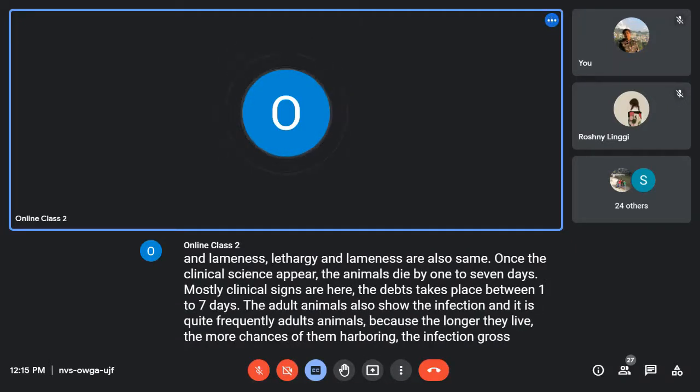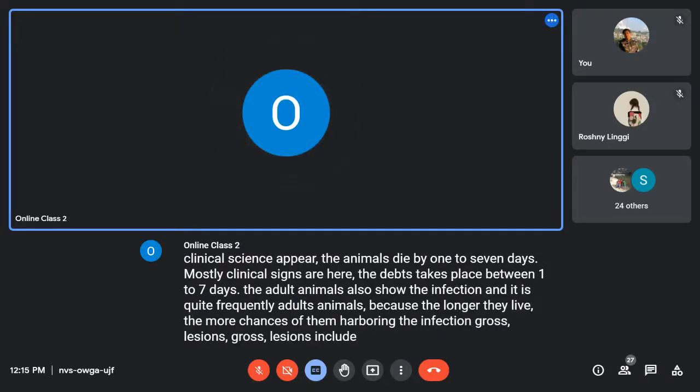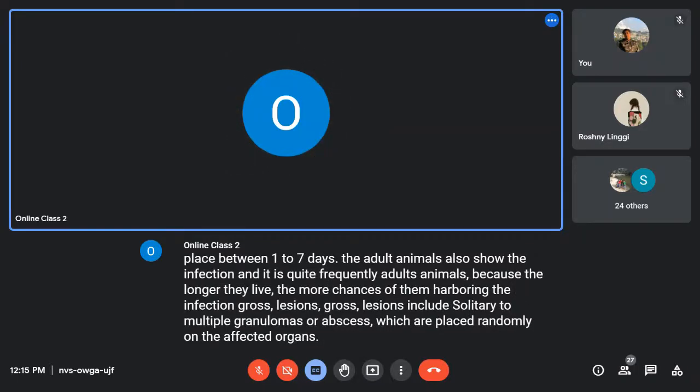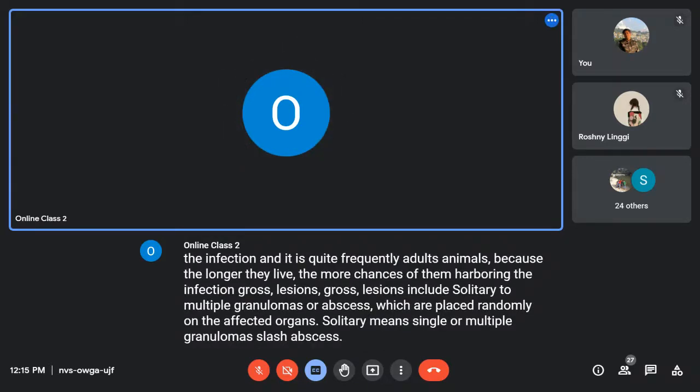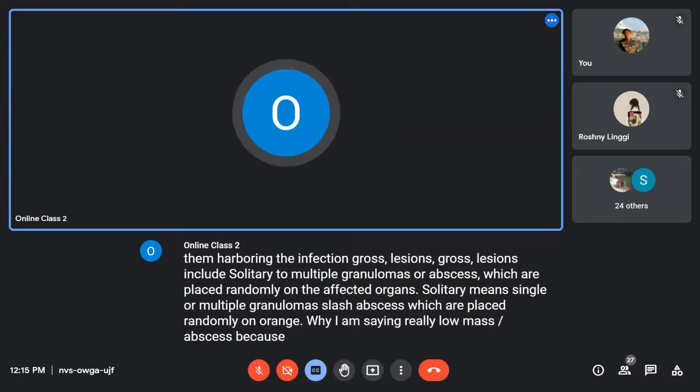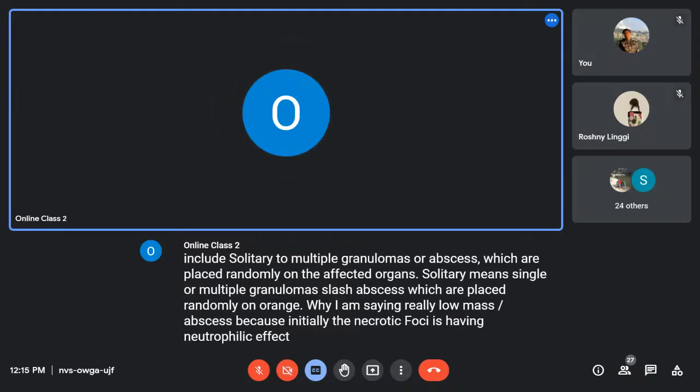Gross lesions. Gross lesions include solitary to multiple granulomas or abscess, which are placed randomly on the affected organs. Solitary means single. Why I am saying granuloma slash abscess? Because initially the necrotic foci is having neutrophilic infiltration and liquid pus.